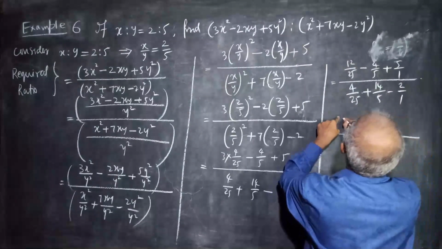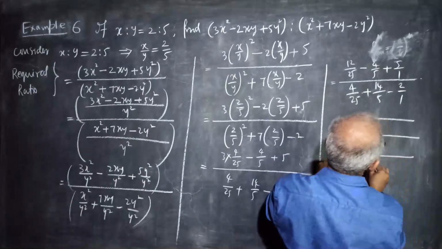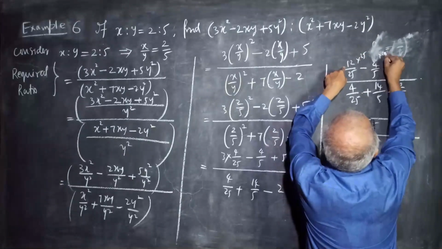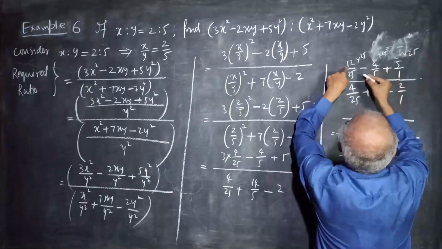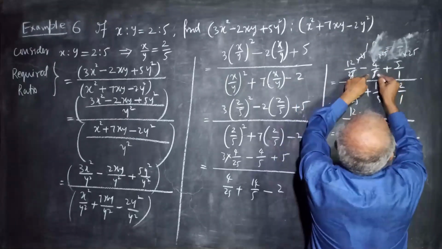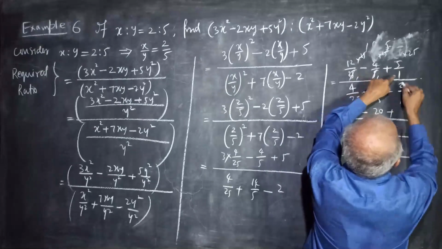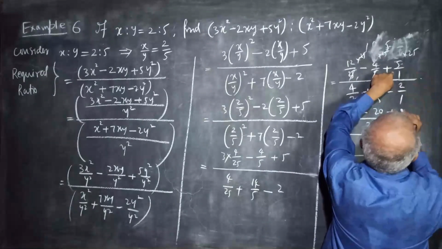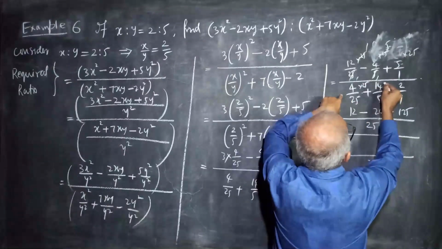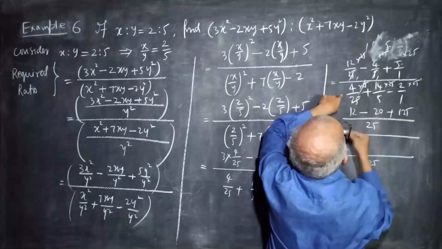Now we shall take the LCM in the numerator. The LCM is 25. So into LCM: 25 ones are 25, so you get 12 minus 5 ones are 5, 5 fives are 25... 4 fives are 20, plus 25 fives are 125. Here also into LCM: 25 by 25 cancels.